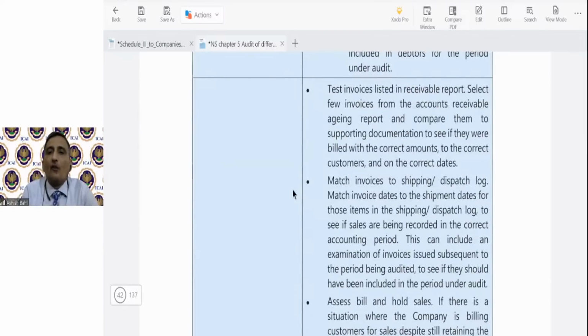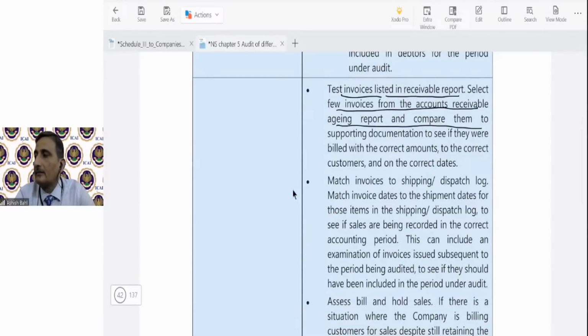So test invoices listed in receivable report. So obviously you would be testing some of the invoices. You would be test checking some of the invoices which are forming part of the balance of receivables, and you would try to trace it to the aging schedule also, कि कितनी देर से वो बैलेंस आउटस्टैंड कर रहा है.